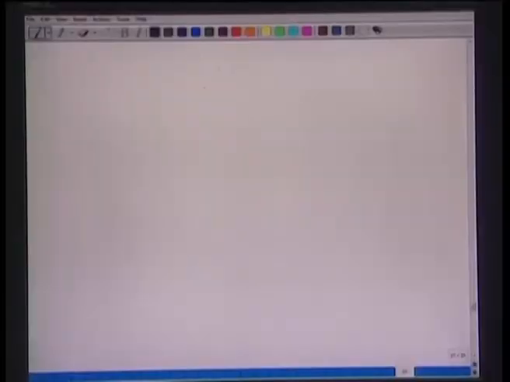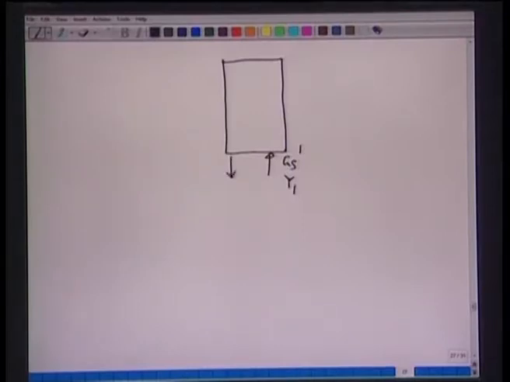If we look at mass transfer now, let's draw very quickly again. Now we work just on GS. We have already realized it's advantageous to work on GS, solid free basis. This is LS, and we have capital X1 here. Liquid comes from here at LS, and we have X2.